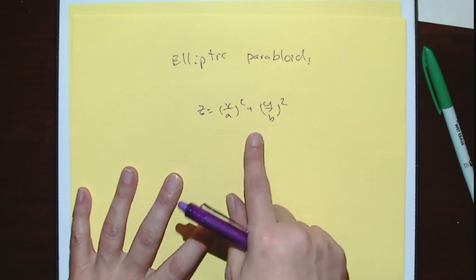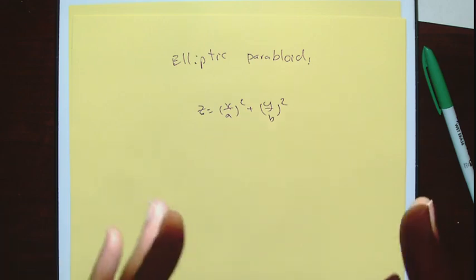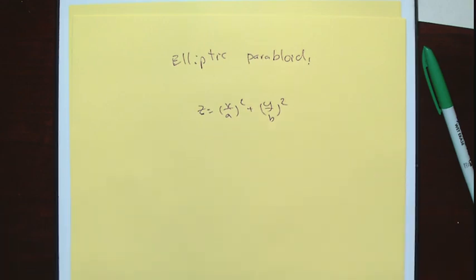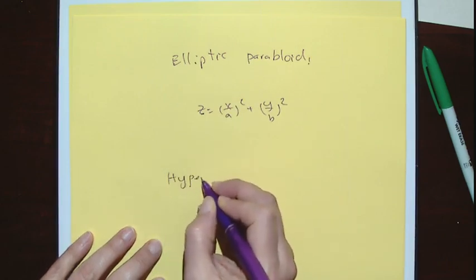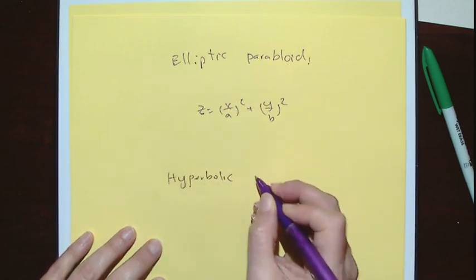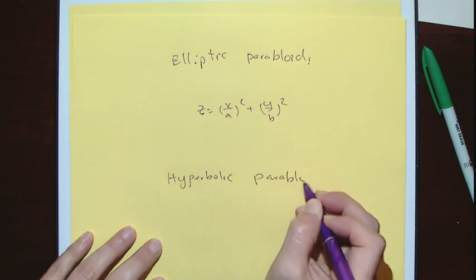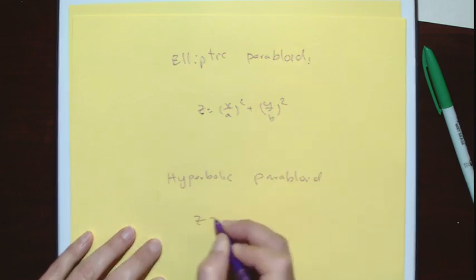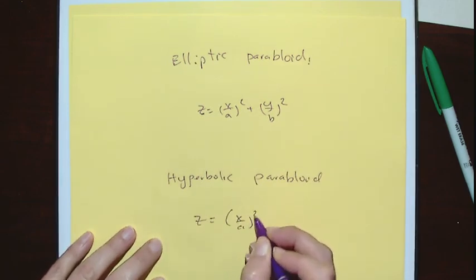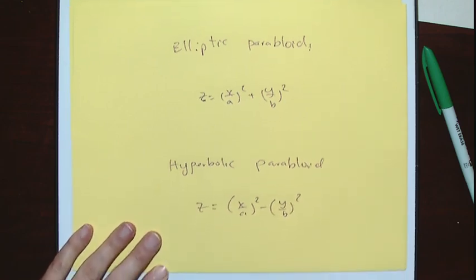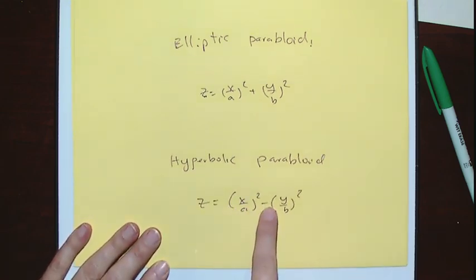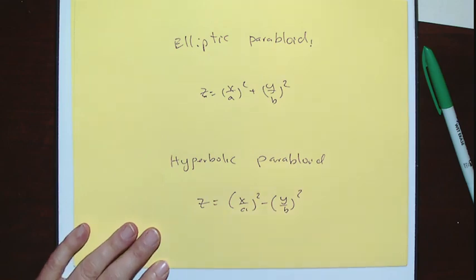They're both the same sign. Why am I saying this? Because there's a hyperbolic paraboloid that looks like this. So the two signs are different. Negative could be here, positive could be that.